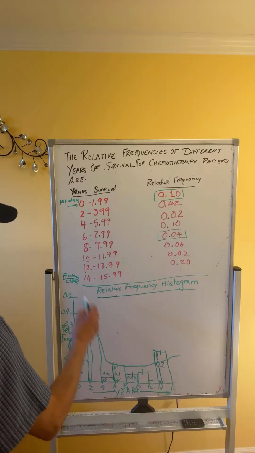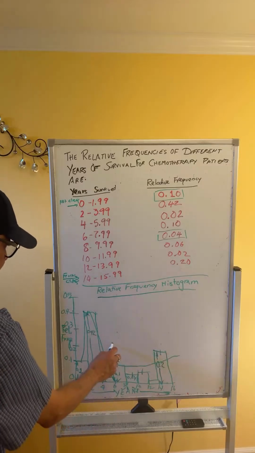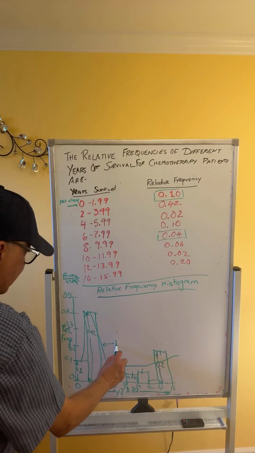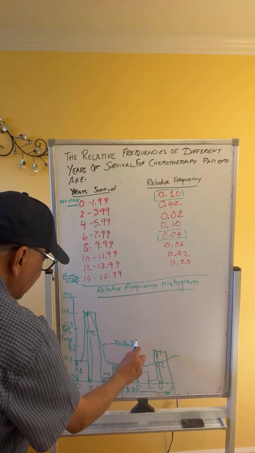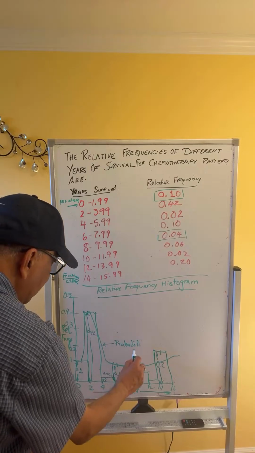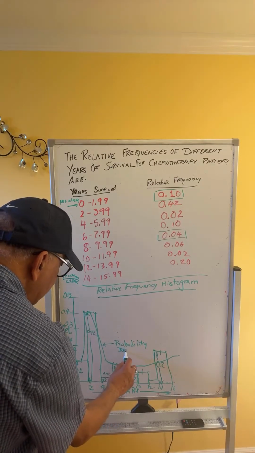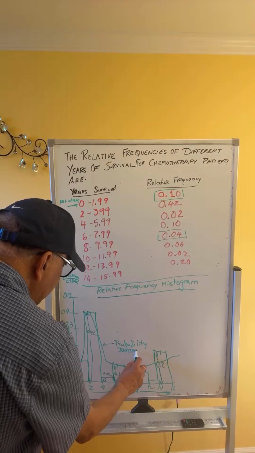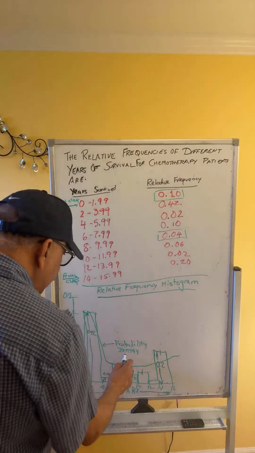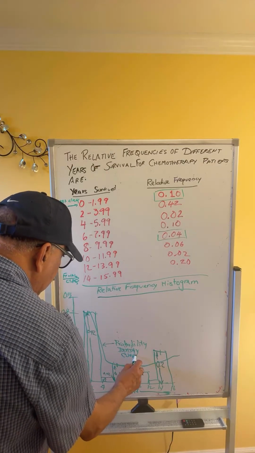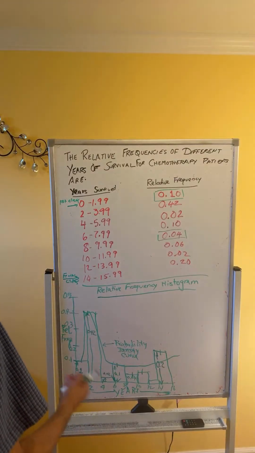This is called a probability density curve. One thing to remember, the area under the probability density curve is always 1.